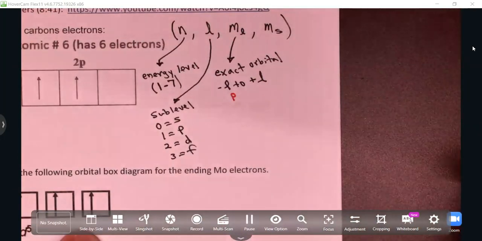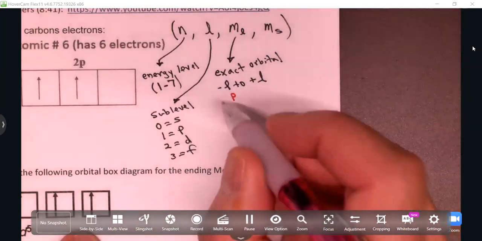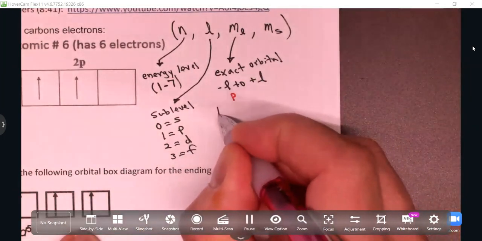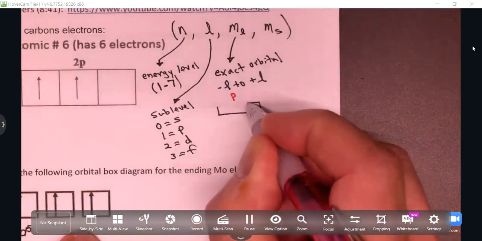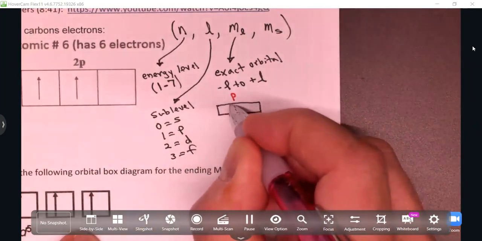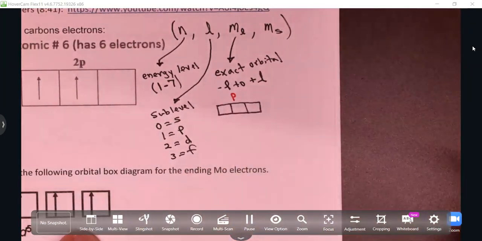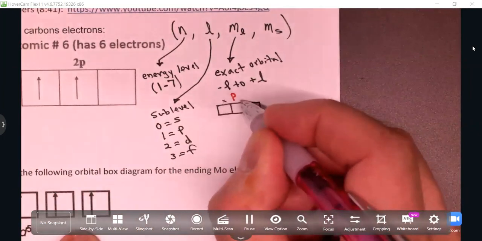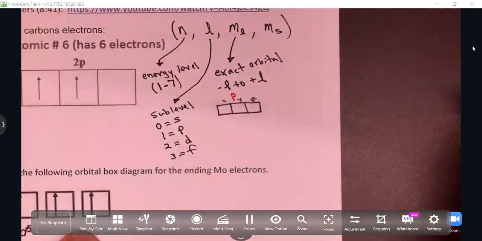If we have a p sublevel, how many orbitals do we have in a p? We've got 3, right? And it's really x, y, z if we are specific.